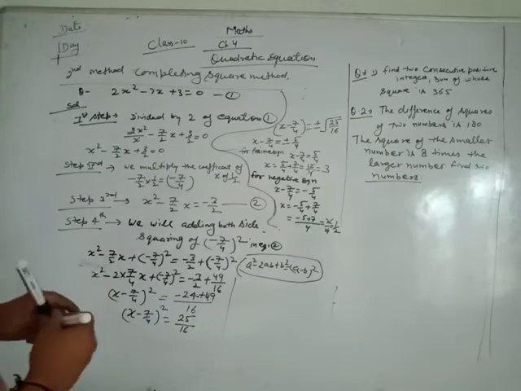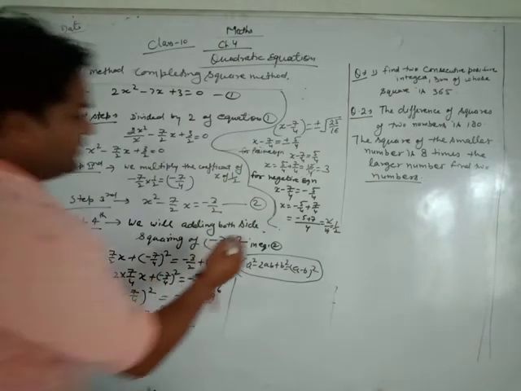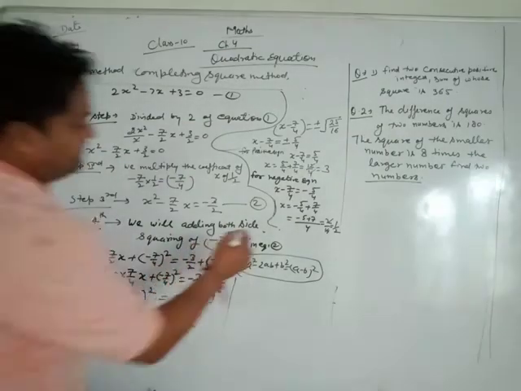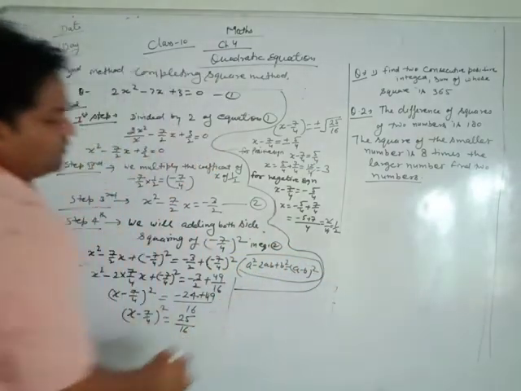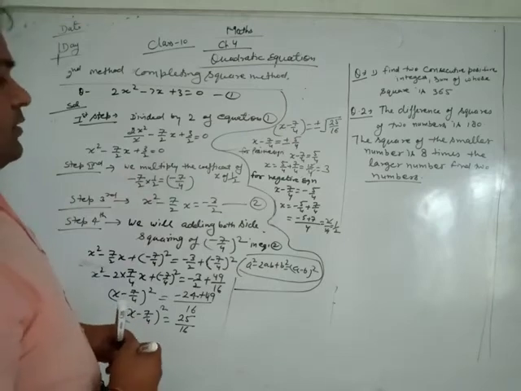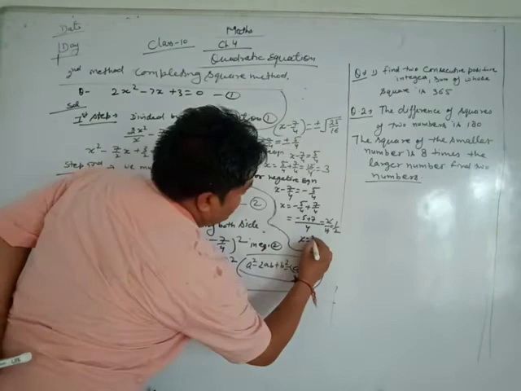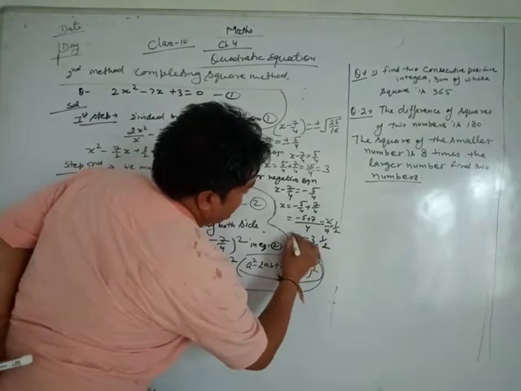The second value is 1 by 2. So we find the two roots, the two values of x: first x equals 3, second 1 by 2.